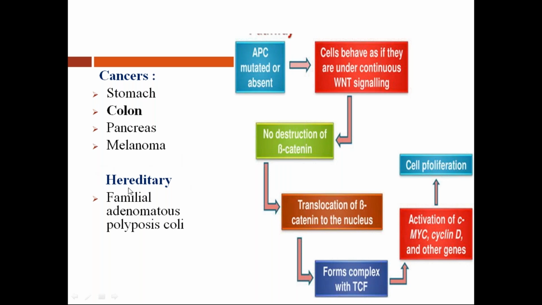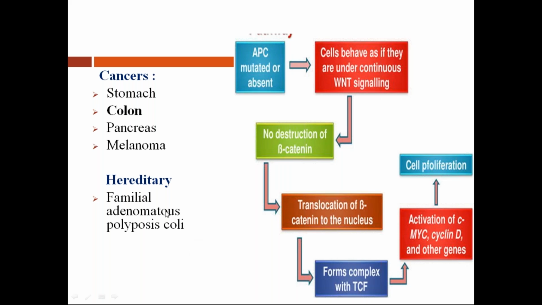Now the hereditary condition in which this mutated gene is seen is familial adenomatous polyposis coli. This hereditary condition you will come across in the colon chapter. In this condition there are around 100 polyps in the colon, in the large intestine, and it's a precancerous condition.